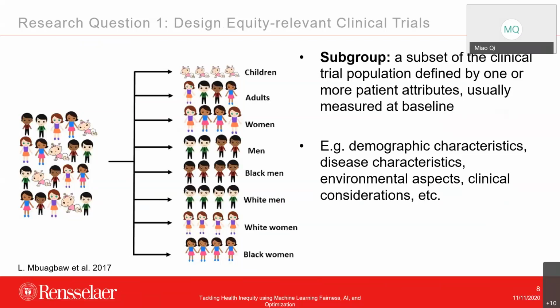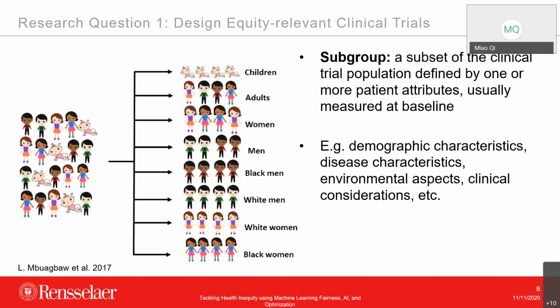For example, if the researchers are interested in attributes like gender, age, and race, it's important for them to recruit enough patients for each of the subgroups defined over these attributes. So if they need a mixture of the population, they have to make sure that for each subgroup, like the young people and the elder people, they include enough participants so they can get enough evidence for each subgroup.